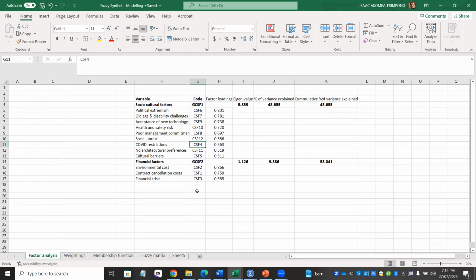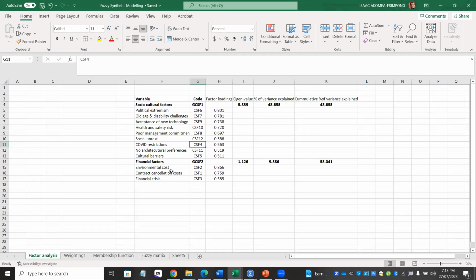I have made these things up, and I am saying that they are factors that represent things that hinder the acceptance of sustainability practices in the construction industry. It may not be true, but these things are made up just for tutorial sake.